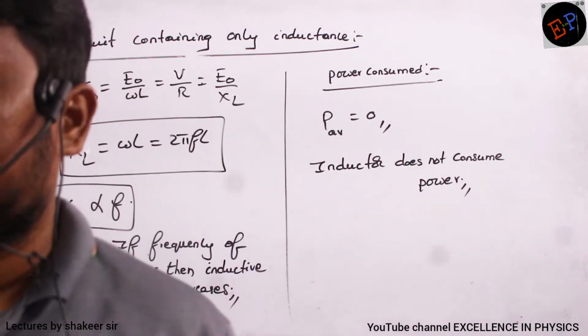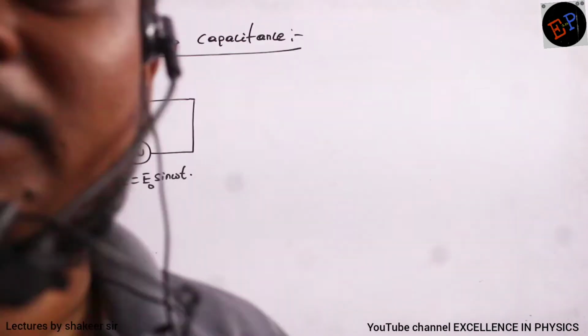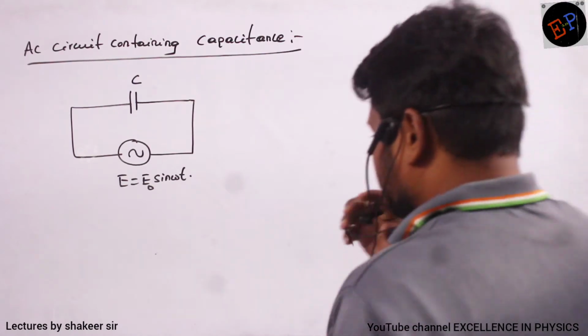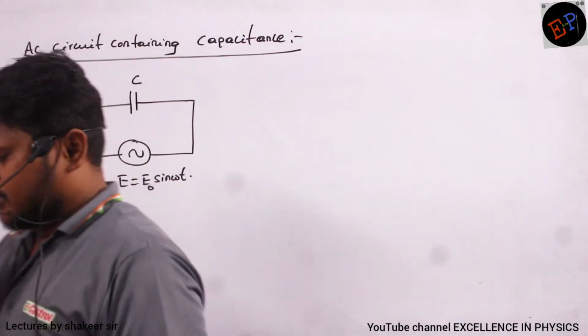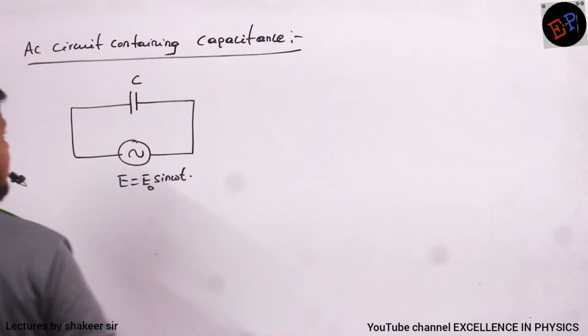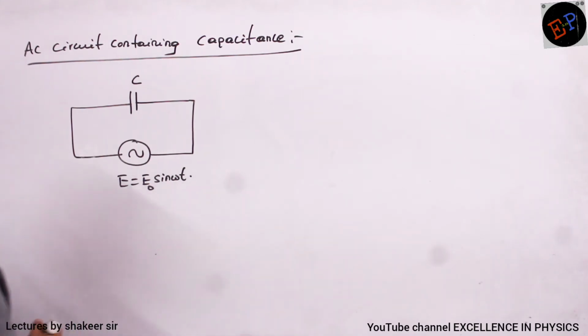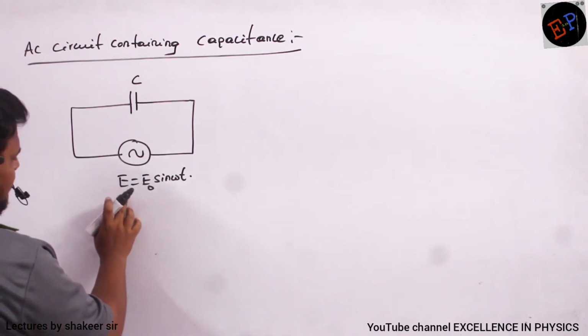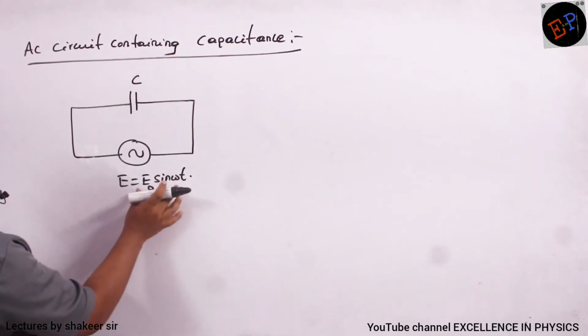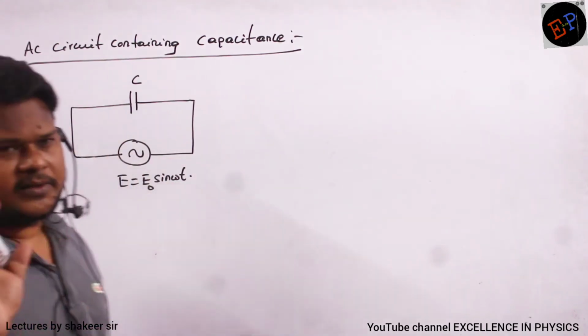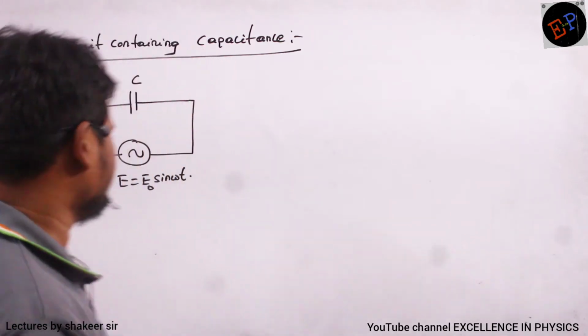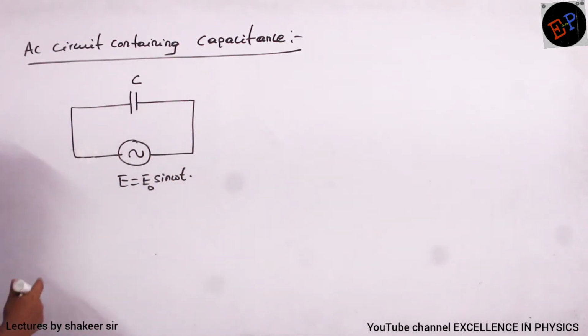Next we are studying an AC circuit containing only capacitance. So what is the supply voltage we are giving? Same concept everywhere: we will write the equation of EMF and try to derive the equation of current. Now what is the equation of capacitance?